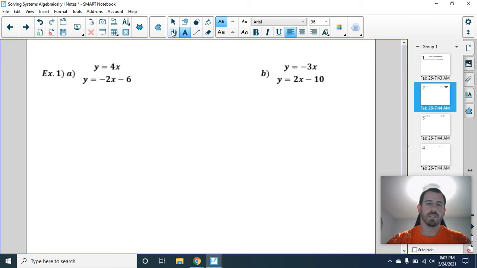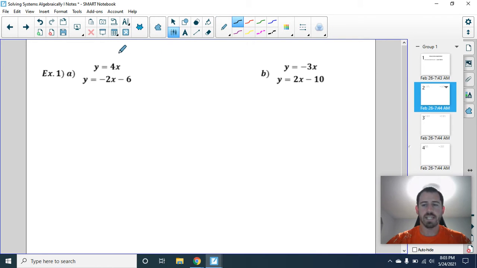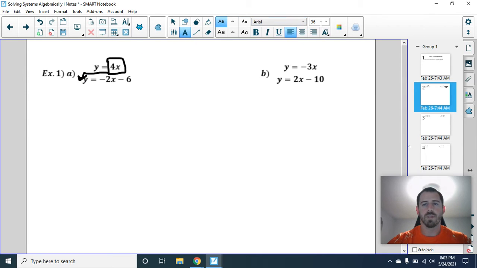So what we do for this is we take the expression of one and plug it into the other. So I take the expression, y equals 4x. The 4x is the expression. We take that and plug it into the other y. In doing this, we rewrite the equation, which is not going to be anything too crazy.